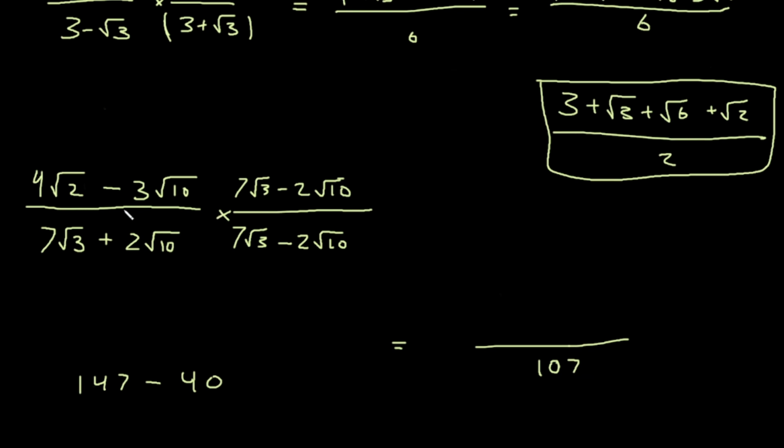Now, let's work on our top slowly now. So, once again, we'll just do a distributive property. So, 4 root 2 times 7 root 3, that would be 28 root 6. Negative 3 root 10 times 7 root 3, this would be minus 21 root 30.